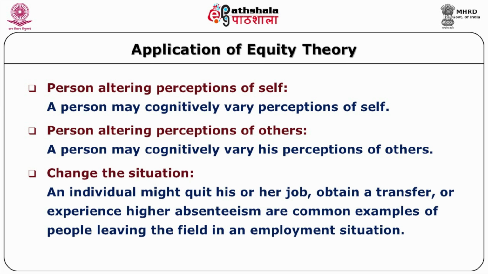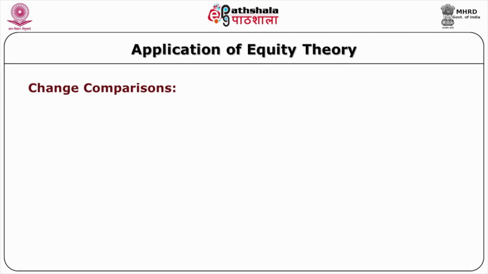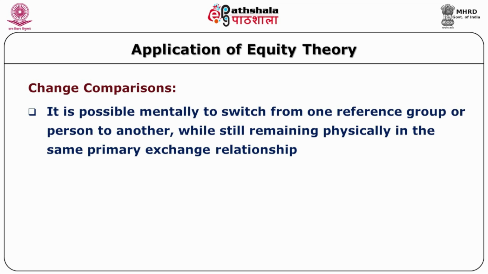The last inequity reduction method. Change comparisons. It is possible mentally to switch from one reference group or person to another while still physically remaining in the same exchange relationship.